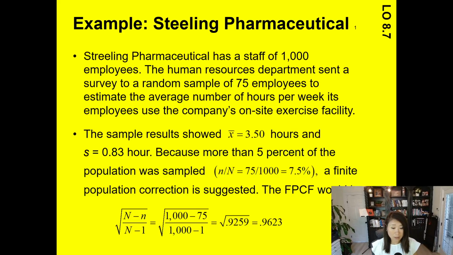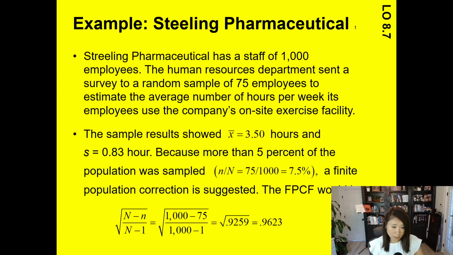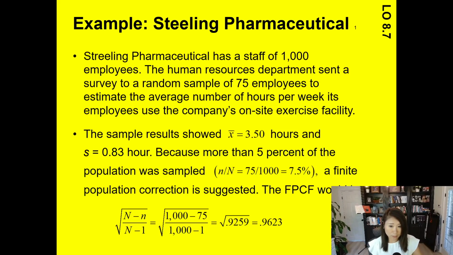The staff of 1,000 employees is my population size, because it's literally how many employees they have in total. The second number is 75, a random sample of 75 employees, so that is my sample size.